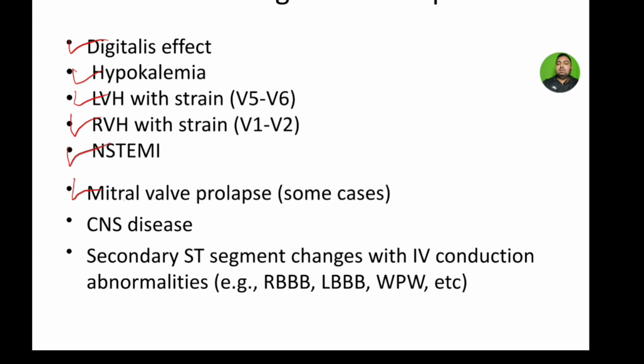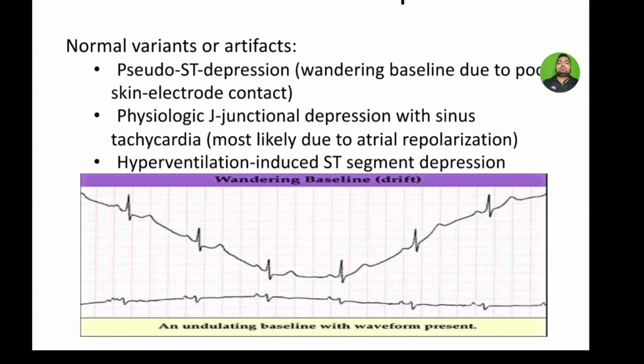The sixth is mitral valve prolapse, or Barlow syndrome. Then there is CNS disease, for example raised ICT in cases of SAH, subarachnoid hemorrhage. And then secondary ST changes with IVCD, intraventricular conduction delay, like right bundle branch block, left bundle branch block, and Wolff-Parkinson-White syndrome, that is WPW syndrome.